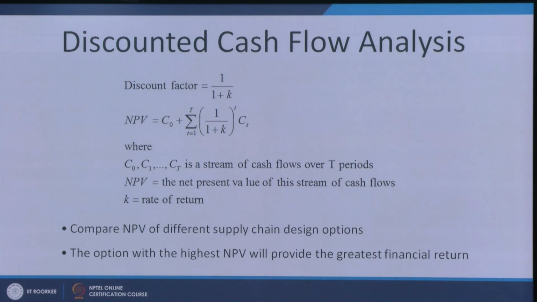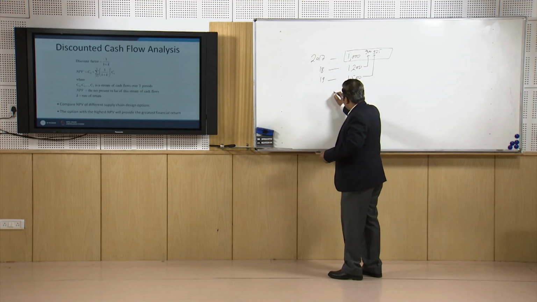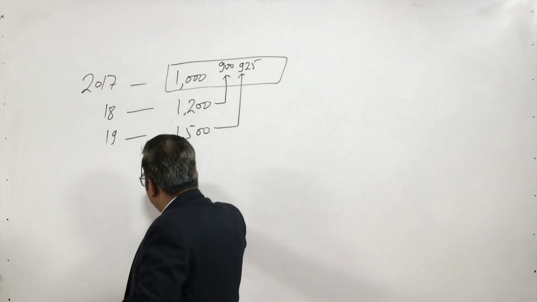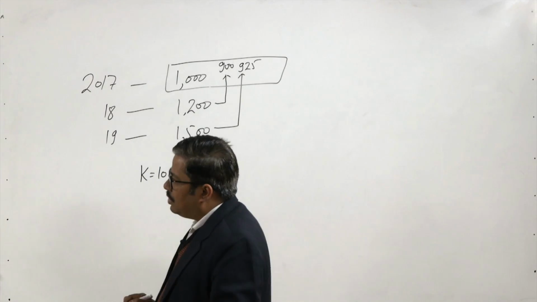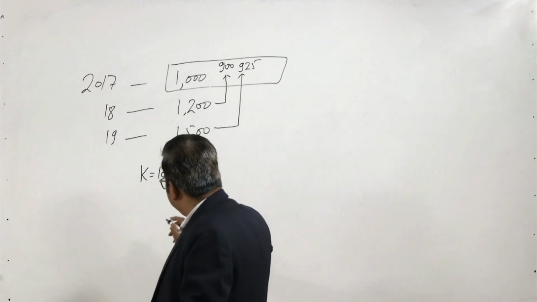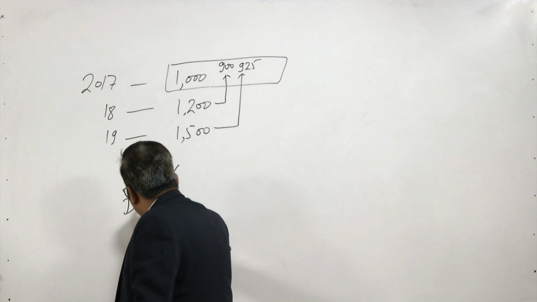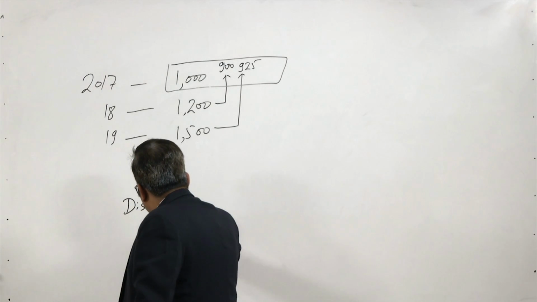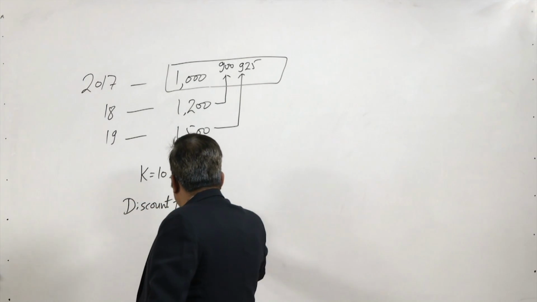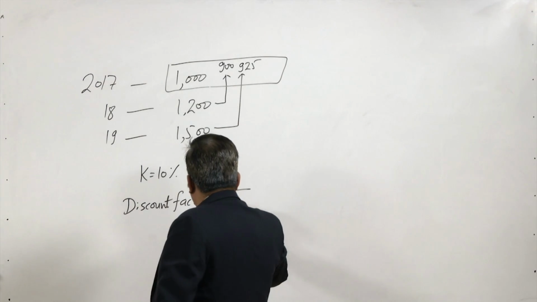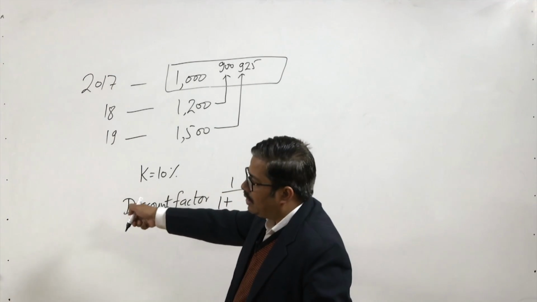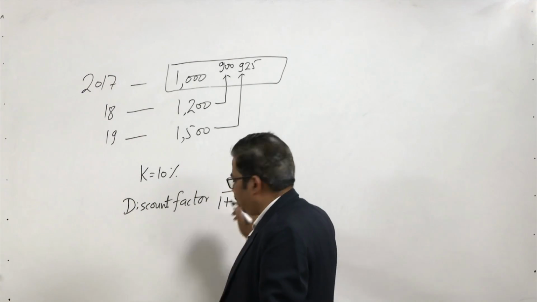So, for example, if I consider the value of k equal to 10%, so my discounting factor is 1 upon 1 plus k, that is 1 upon 1.1.